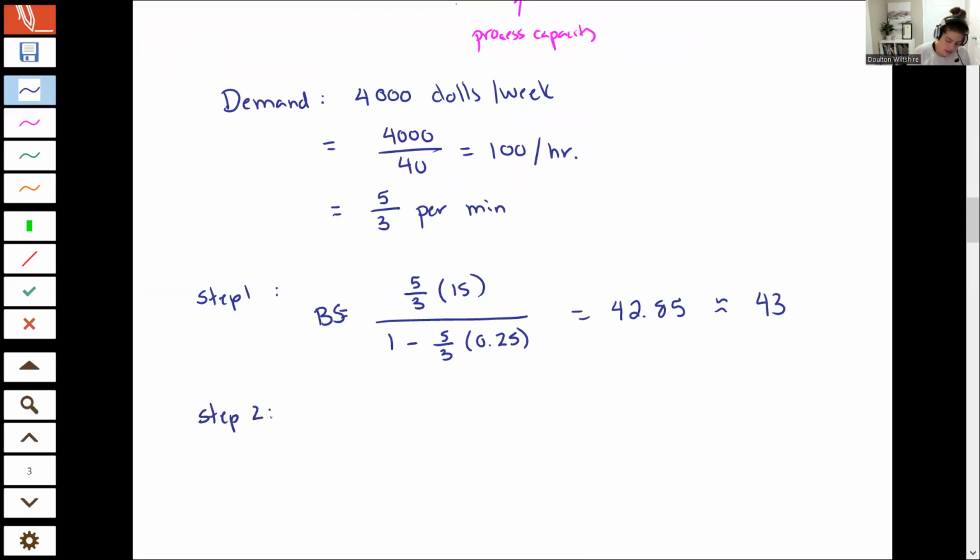In step 2, that batch size, 5/3, our setup time there was 30 minutes, over 1 minus that 5/3 times our time per unit, which was 0.15.